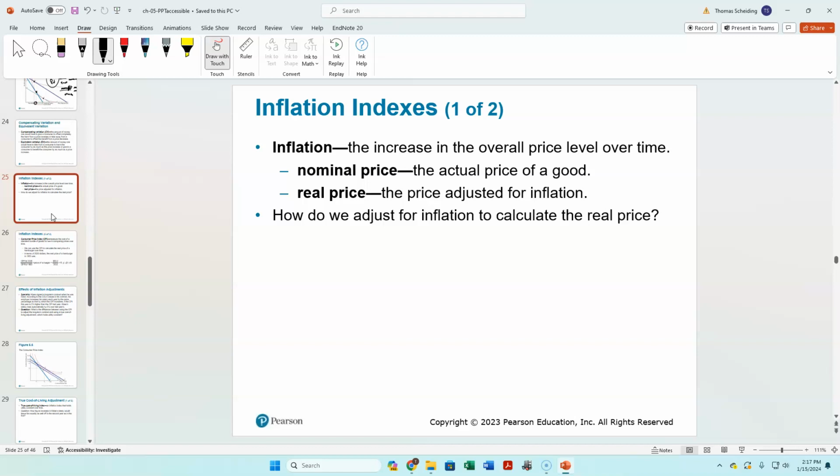Right, inflation, just as a reminder here, as price levels are going up, how much is the adjustment in the inflation changing an individual's purchasing power of their income, and then how much would I need to change their income to offset those rising prices? Our calculation of the real price.